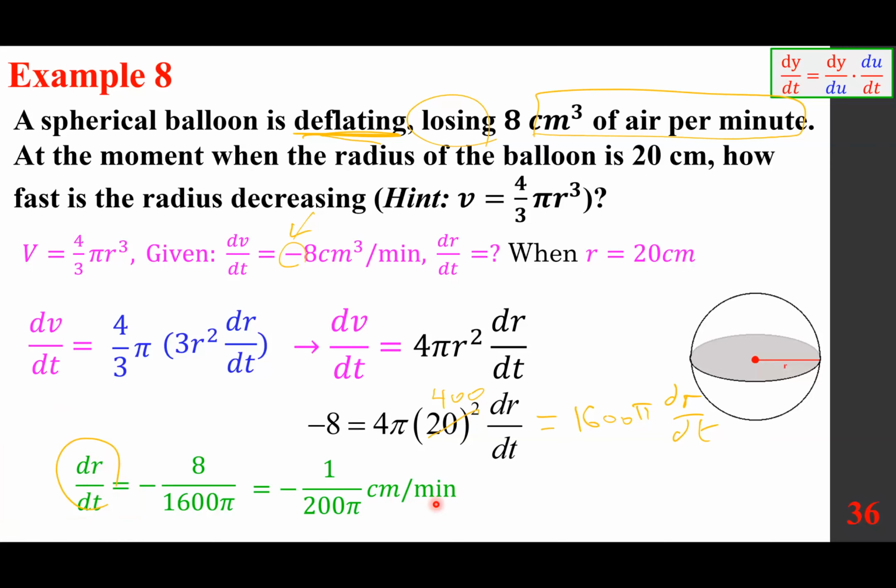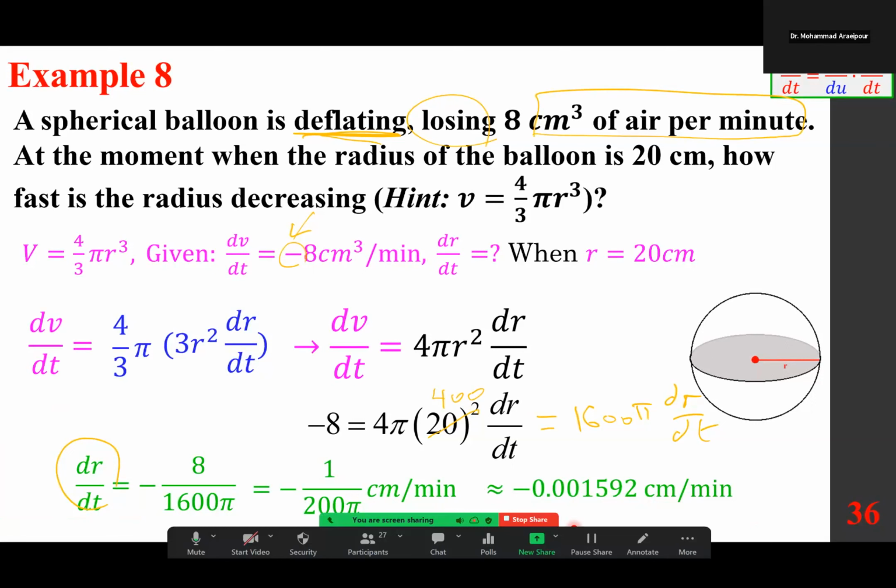Pi is not 3.14, class, it's 3.14159, and it continues indefinitely. So dr dt is -1/200 pi, or -0.00159 centimeters per minute. As far as the number of decimals are concerned, you have to see how many decimals they want you to use.